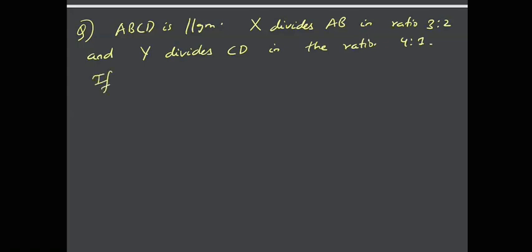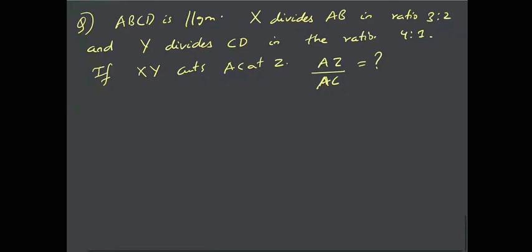So if XY cuts AC at Z, then you need to find out the value of AZ over AC. So first draw the diagram and then think about the problem.